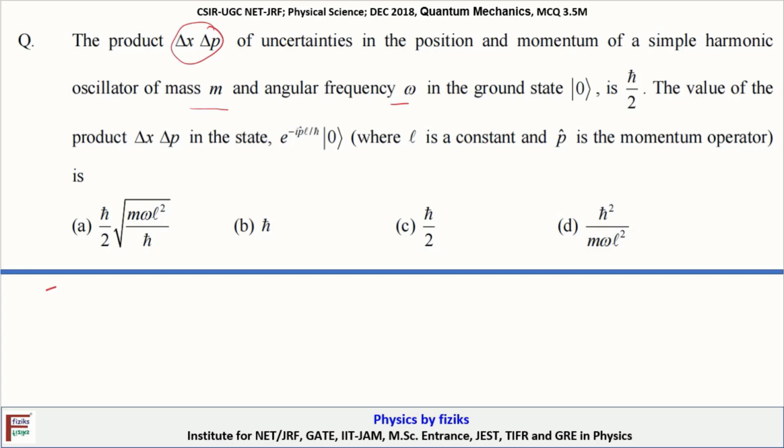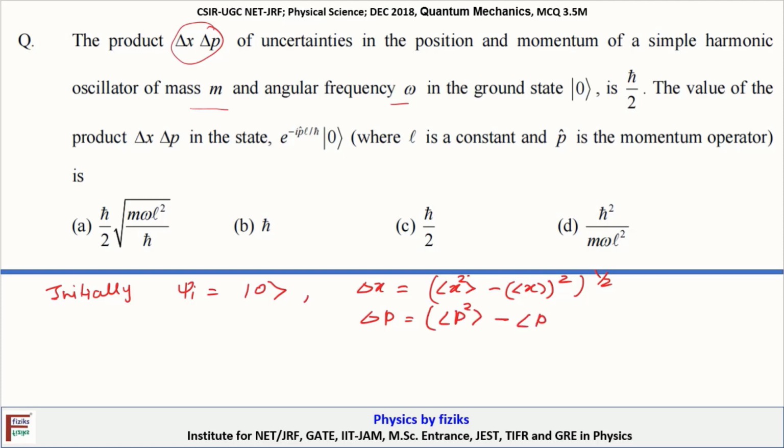Now initially, our state is psi 0, and that means delta x is the expectation value of x square for this state, under root, and delta p is similarly for p square.